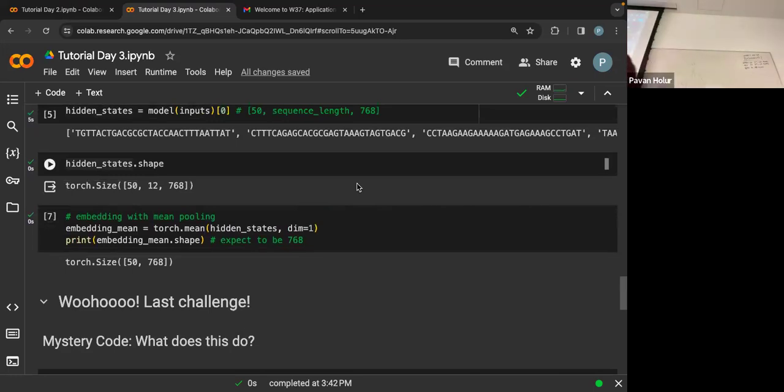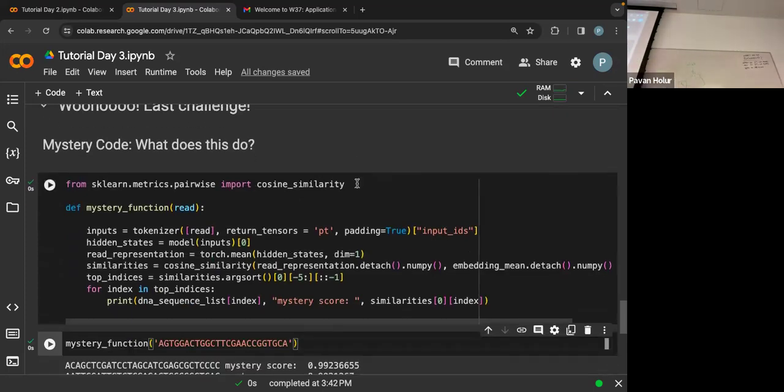Nobody shout the answer. Don't feel shy of adding print statements.